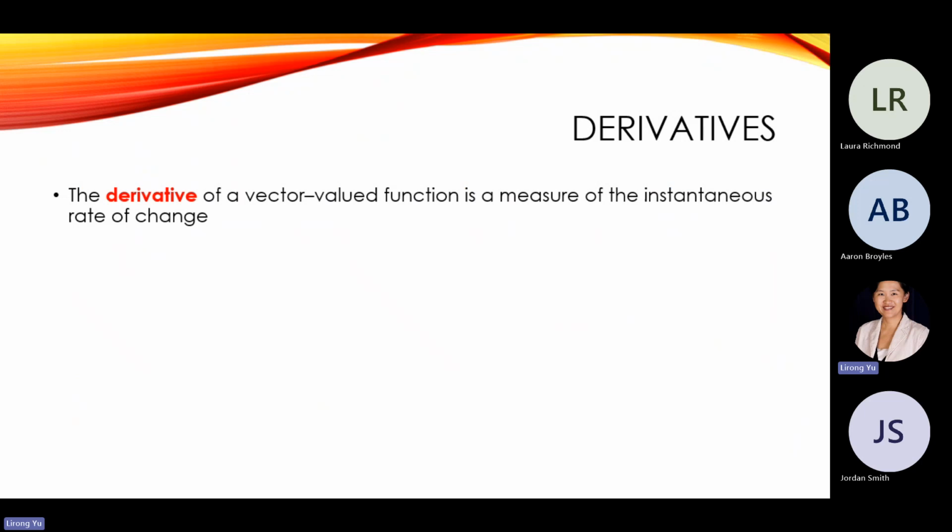Now, if you have a smooth curve, you will have a direction, you will have a derivative. A smooth curve always has a derivative, being a vector value or regular value. But if your curve has a sharp corner, or if your curve has a discontinuity, then there is no single direction. Okay?